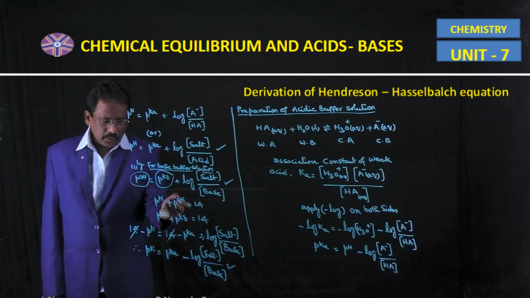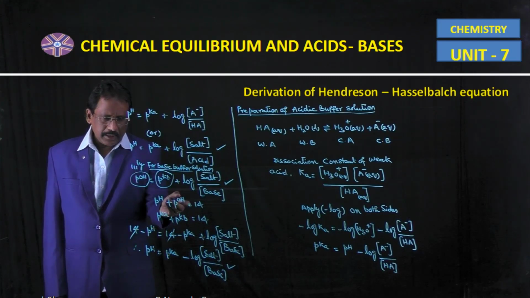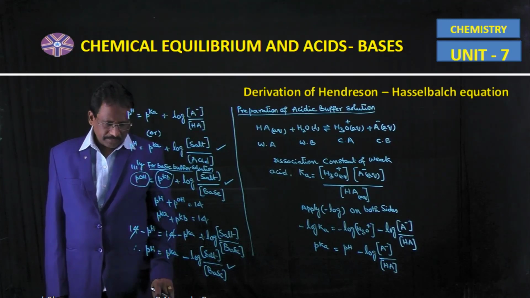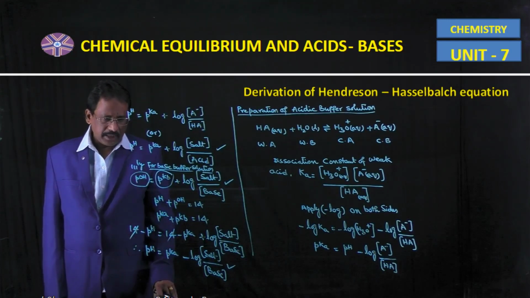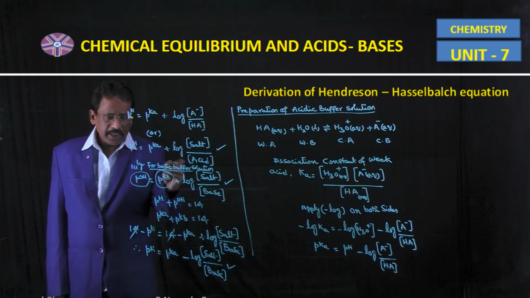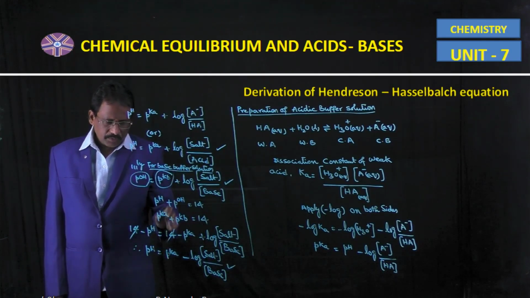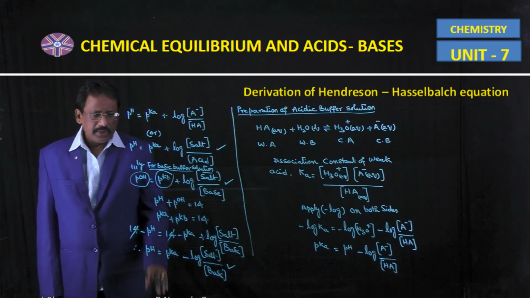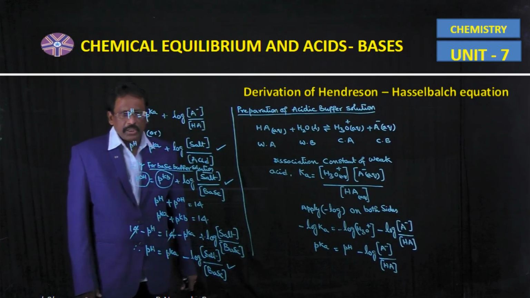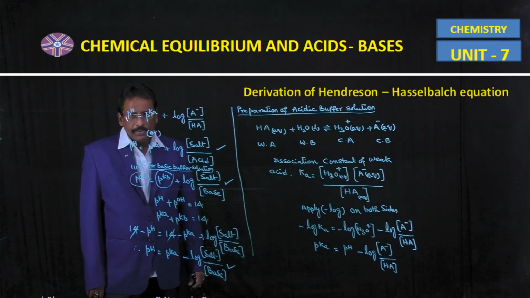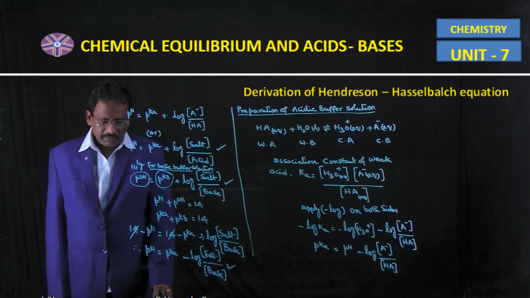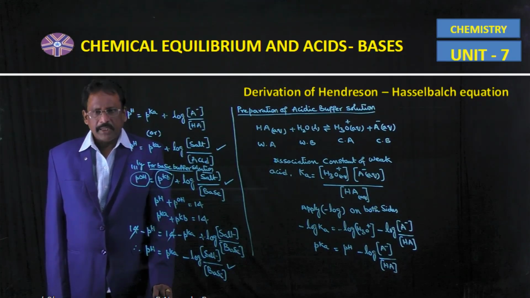From these two expressions, instead of pOH, write 14 minus pH, and instead of pKb, 14 minus pKa. So the pH of the basic buffer solution is pKa minus log of the active mass of the salt divided by the active mass of the base.